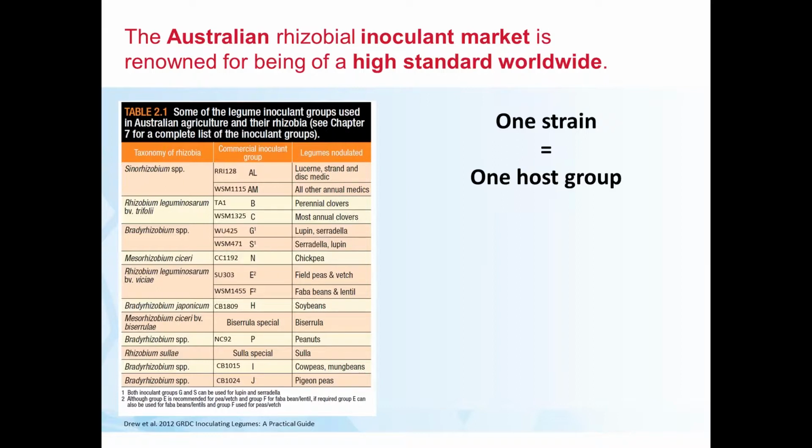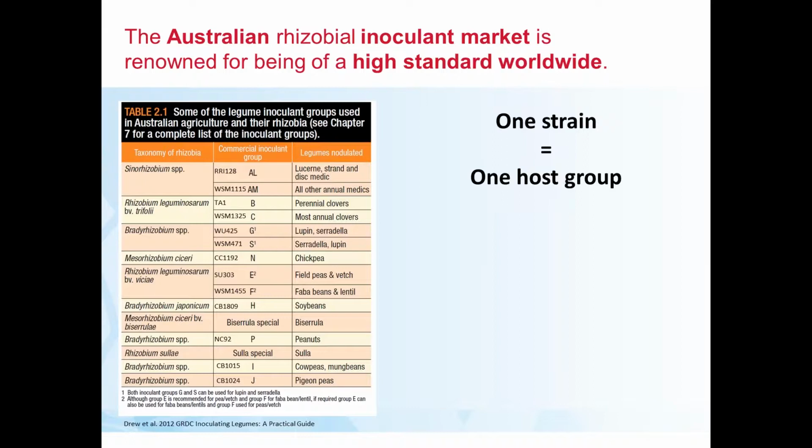The chickpea strain, CC1192, has been in use since 1977. The strain was originally isolated from Israel, and it's a Mesorhizobium ciceri. Some other fun facts: some strains are very taxonomically similar, for example Rhizobium leguminosarum has two biovars, and despite being taxonomically similar, they nodulate very different host groups.